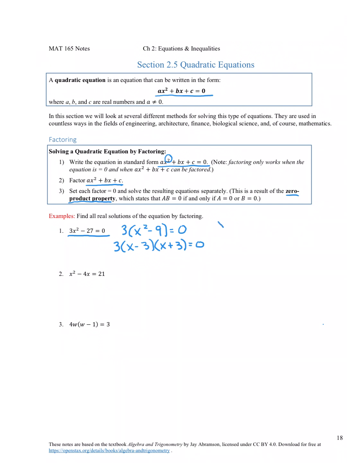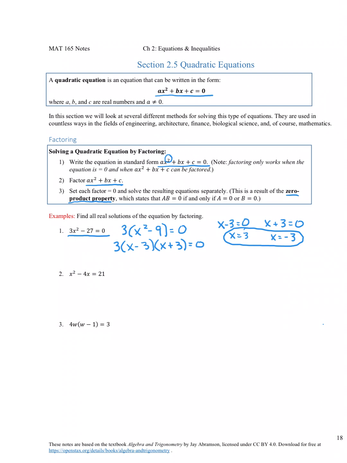From here, we're going to use our zero product property, setting each parenthesis, or each factor, equal to 0. So in this case, we're going to have two solutions. x is going to equal 3, and x is going to equal negative 3.